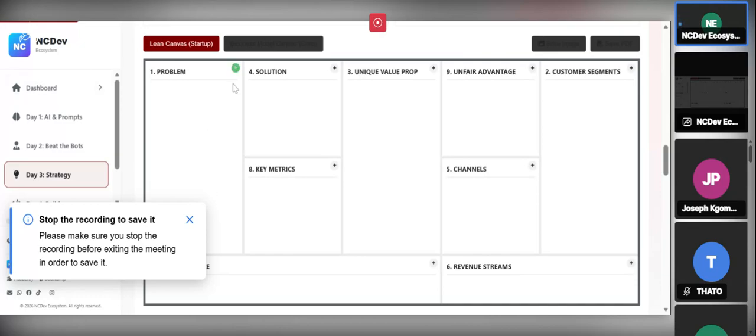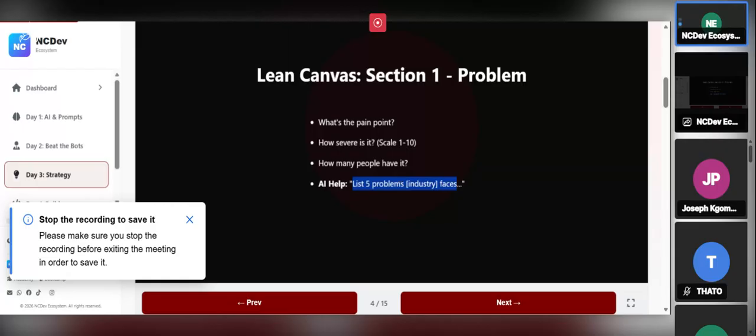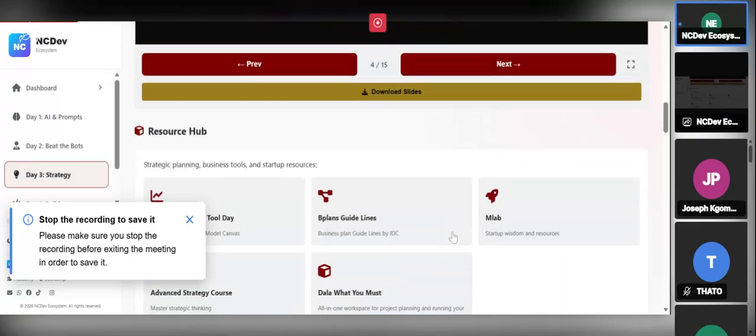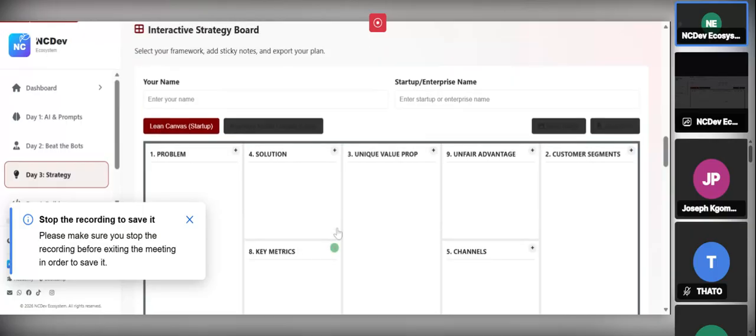Like we also said, this is the main pain points that you want to identify. You want to talk about how severe is this pain or problem that you have identified, right? How many people are facing this problem? So you want to ask yourself those type of questions when identifying the problem.